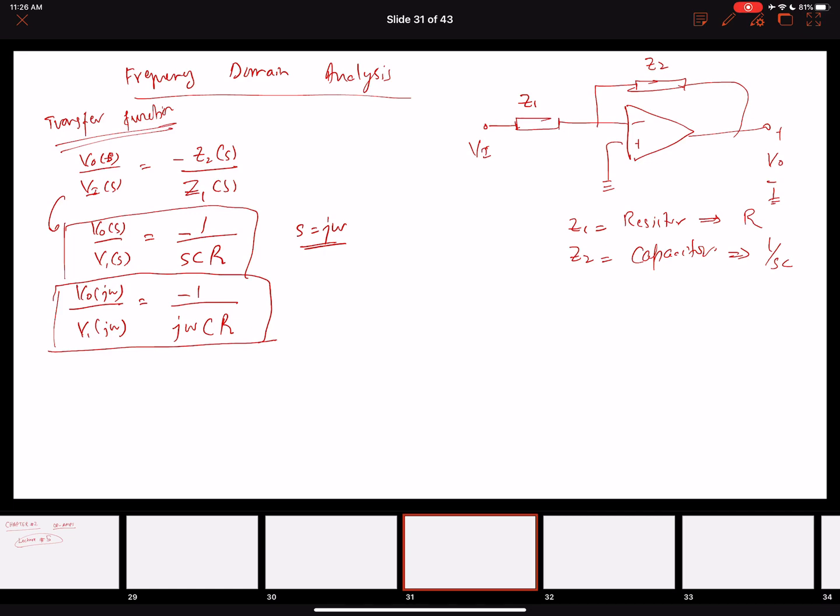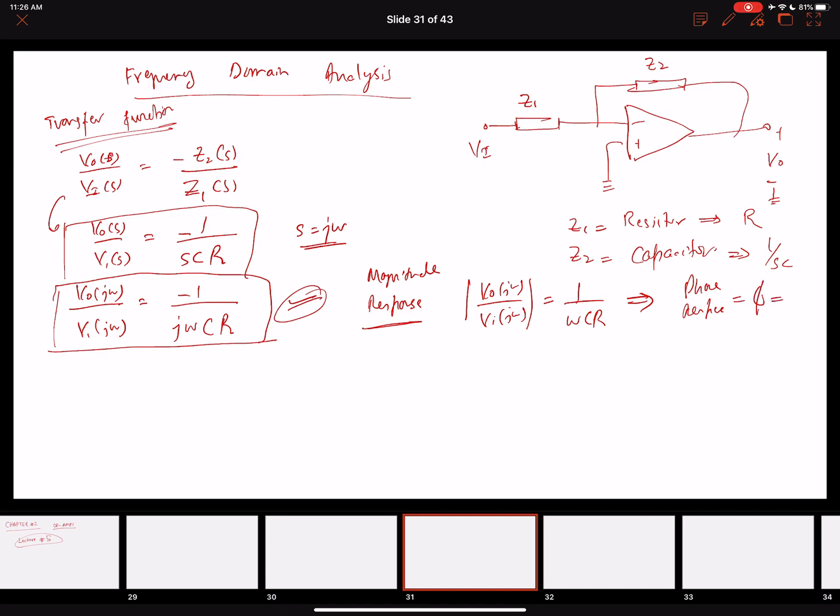Okay, so using this equation, this is a simple complex number. You can easily find the magnitude and the phase response of this transfer function. The magnitude response will be V naught of J omega over Vi of J omega equals 1 over omega CR, and the phase response phi will be equal to plus 90 degrees.